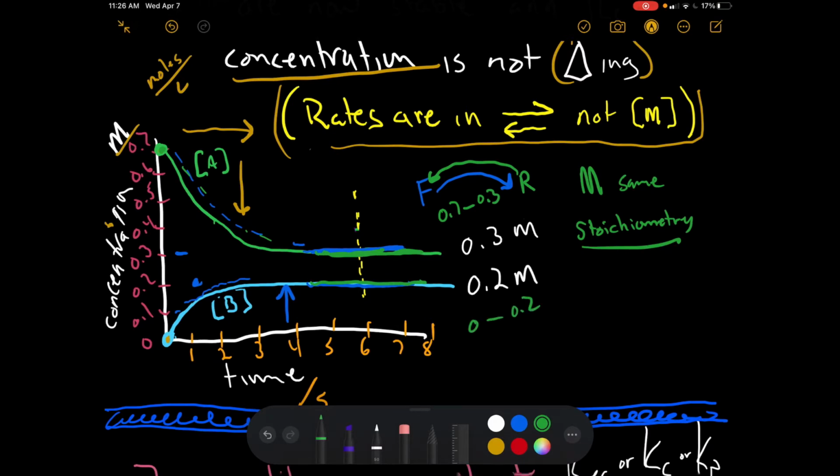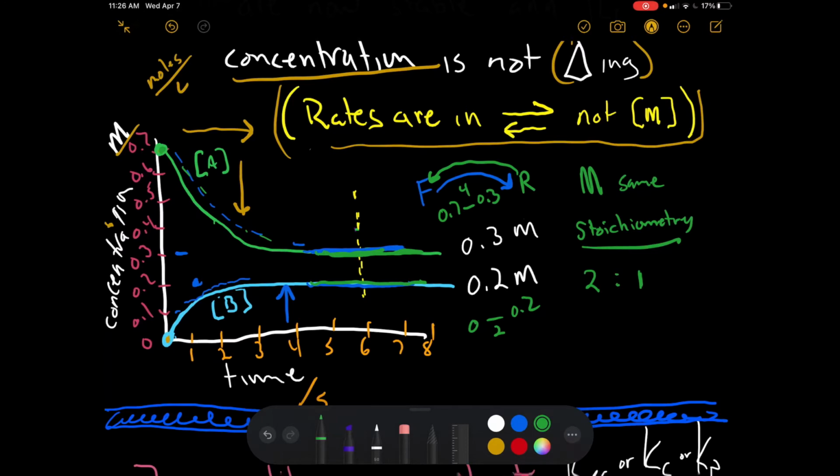And so you look for the changes. This is a change of 4 molar, and this is a change of 2 molar. We can simplify that down to a 2-to-1 stoichiometric ratio. You can use that later because we use molar coefficients in our equilibrium constants.